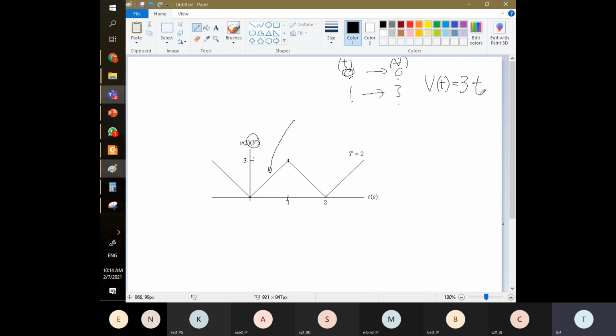If the time is 0, then 3 times 0, we get 0 here. If the time is 1, then 3 times 1, we get 3, this point here. So for the ascending one, Vt equals 3t.